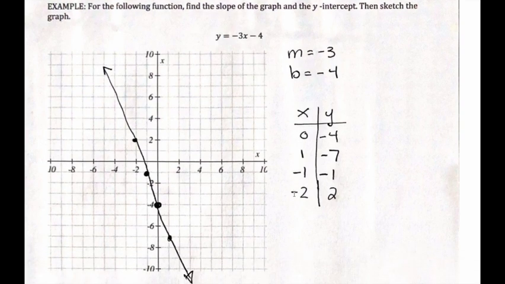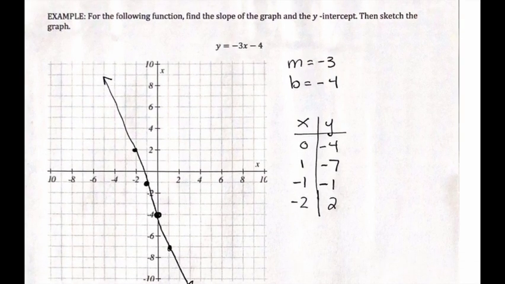Okay, looking at this next one, it's the same idea. We're going to identify the slope and the y-intercept and then use it to graph. So the slope is what's in front of the x, so that's -3, which means, because it's a whole number, we can write it as -3 over 1, which means it's going to go down 3 and right 1. It's going to go down left to right because it has a negative slope.